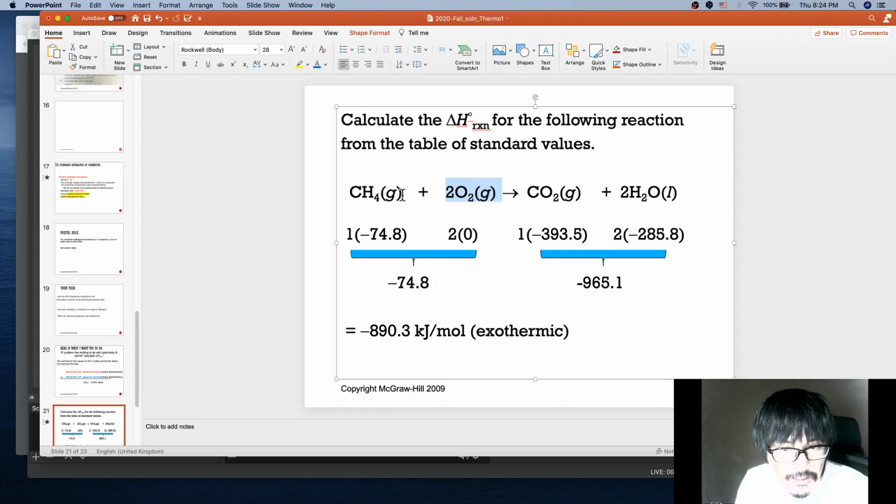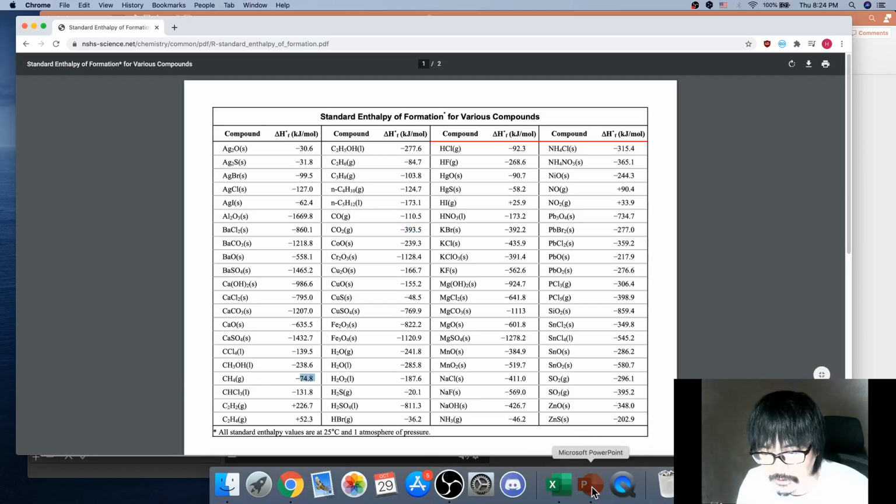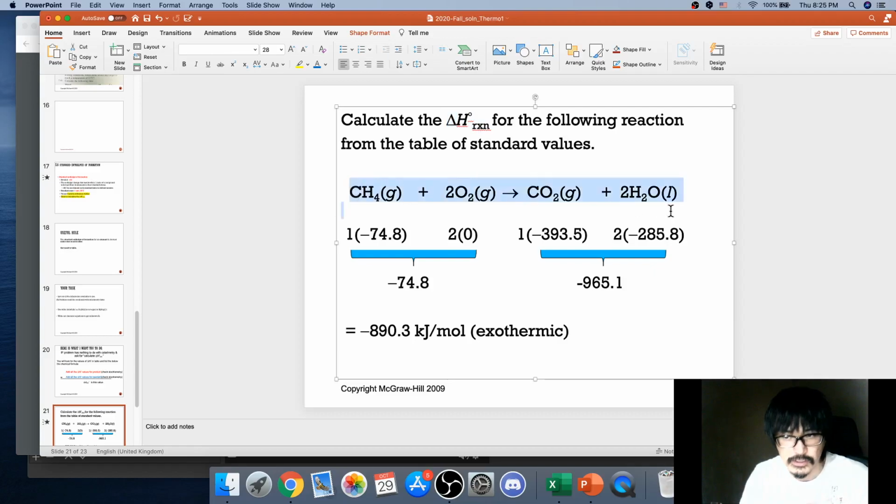And then CH4 gas, just for completeness, is negative 74.8, and I have only one of those. So the key is to add these up, that's the products, add these up, that's the reactants, then product minus reactant gives you this value, the delta H of the reaction.